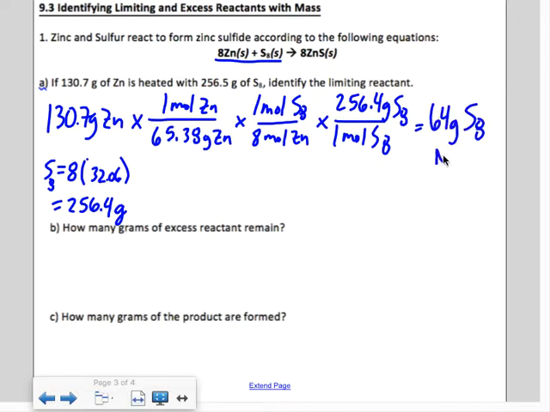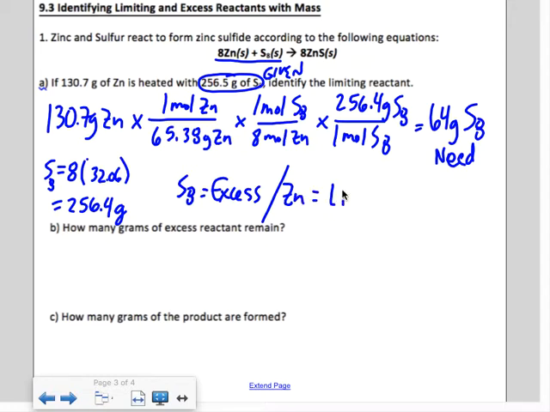Now, this is what I need. This is what I was given. So I was given more than I need, so therefore S8 is my excess, and zinc is my limiting.